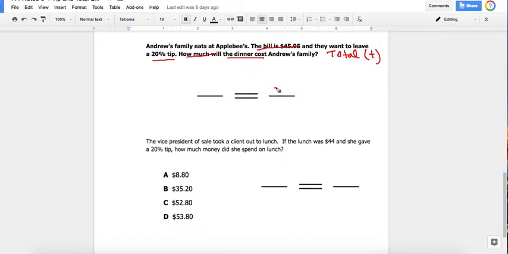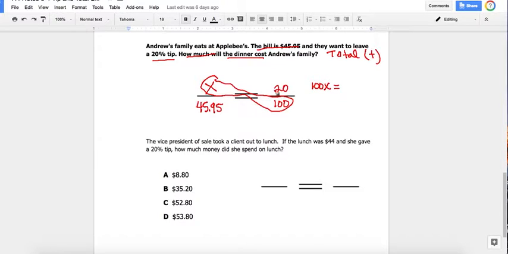So percent is always out of 100. The bill is going to be my whole, so $45.95. And I first have to find the tip, so I have to find the part first. So once again, multiply your variable first. So 100 times x is 100x.